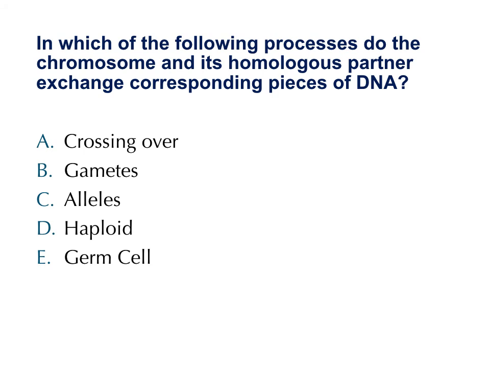In which of the following processes do the chromosome and its homologous partner exchange corresponding pieces of DNA? Crossing over, gametes, alleles, haploid, or germ cell? There's only one obvious answer, and that is crossing over.